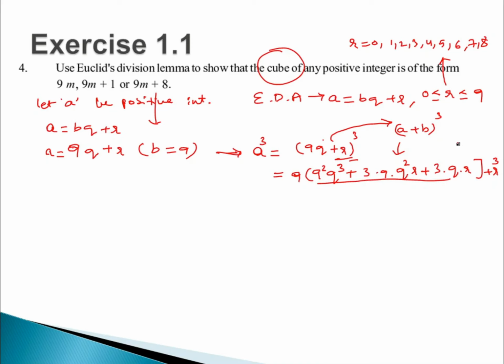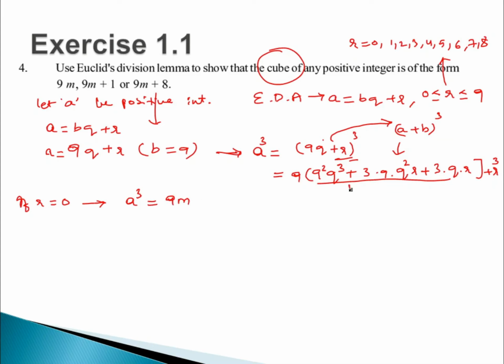Then what happens here? If r equals 0, then by observing this value, I will be getting a cube equivalent to 9m.